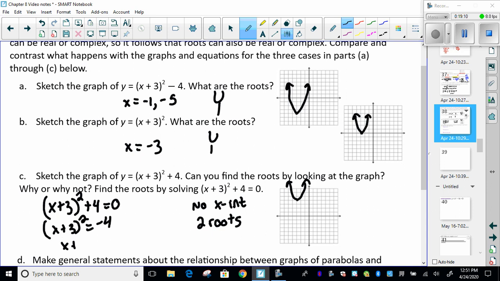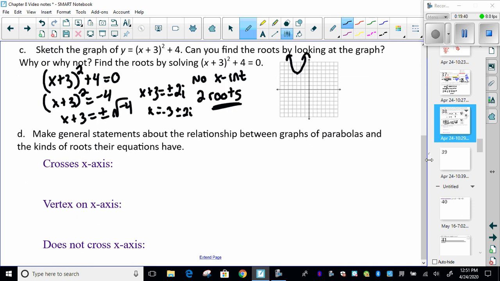Square root, positive and negative, square root of negative 4, which means x plus 3 is positive and negative 2i. So x, therefore, is negative 3 plus and minus 2i. There's 2 solutions there. So, yes, there are 2 roots. 2 roots, double root, 2 roots. 2 x-intercepts, 1 x-intercept, no x-intercepts.